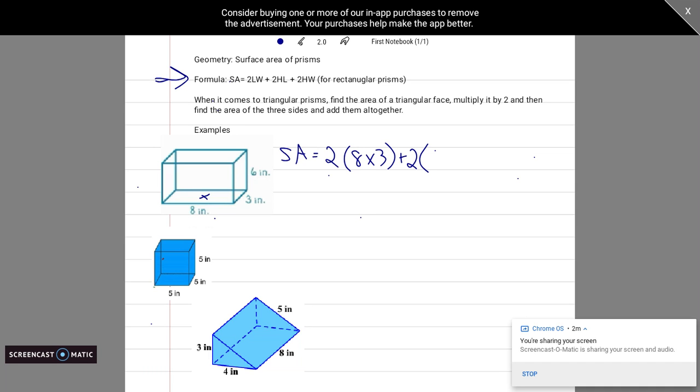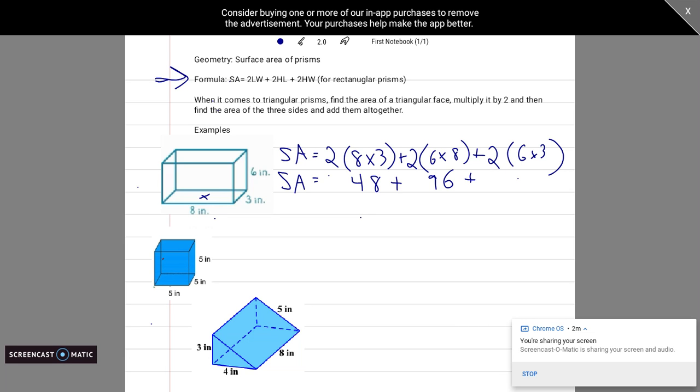That's going to be 6 times 8. And the last piece, 2 times my height times my width. That's going to be 6 times 3. So start simplifying a few things. 2 times 8 times 3 gives me 48. 2 times 6 times 8 gives me 96.